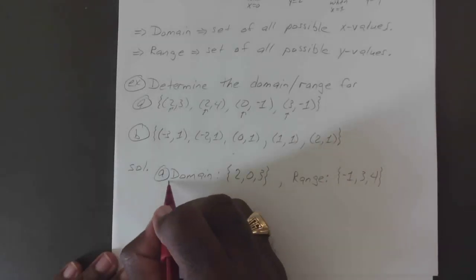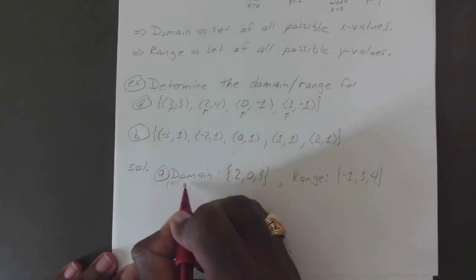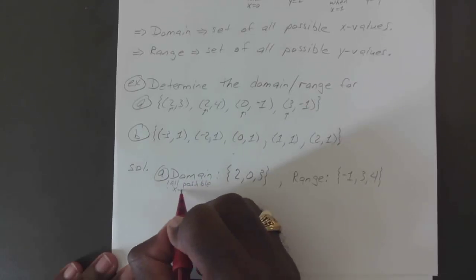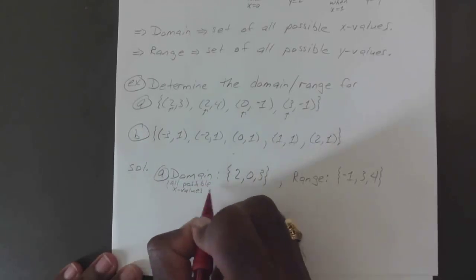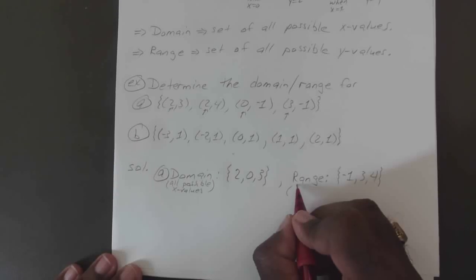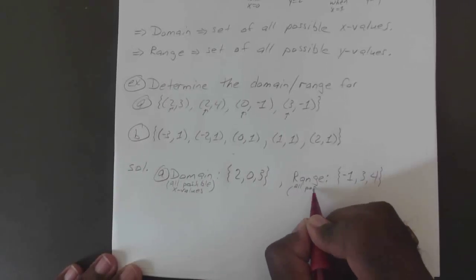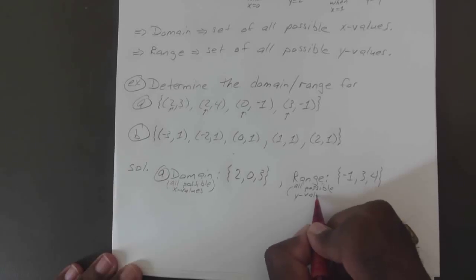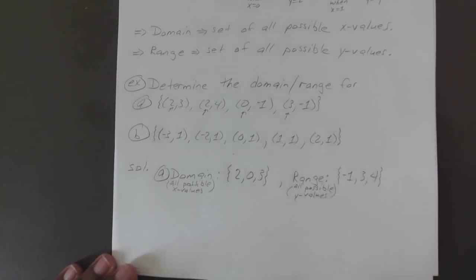So remember this, all possible x values, and this is all possible y values. All right, so any questions on that so far?